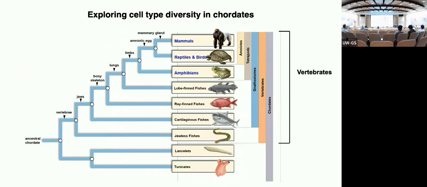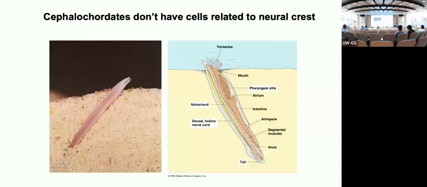And in order to understand where these cell types came from, we have to look at the related organisms, and those include Amphioxus and tunicates. Or cephalochordates, Amphioxus, lancelets. They have many different names. So has anyone heard of a cephalochordate? Okay.